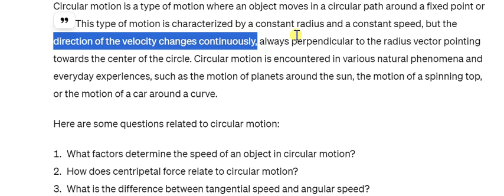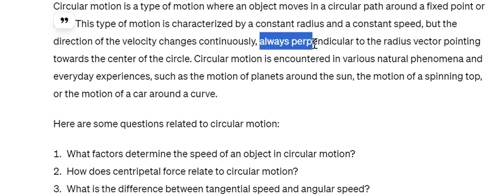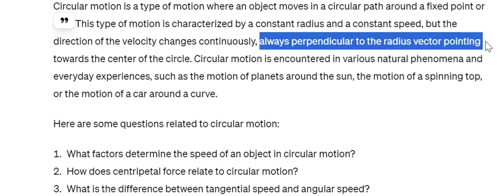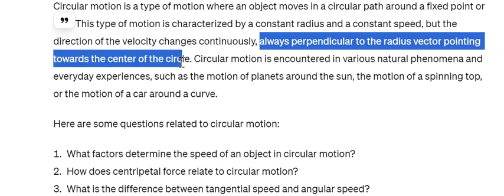speed is constant and the radius is also constant, but the direction of the velocity continuously changes and is always perpendicular to the radius vector pointing towards the center of a circle.